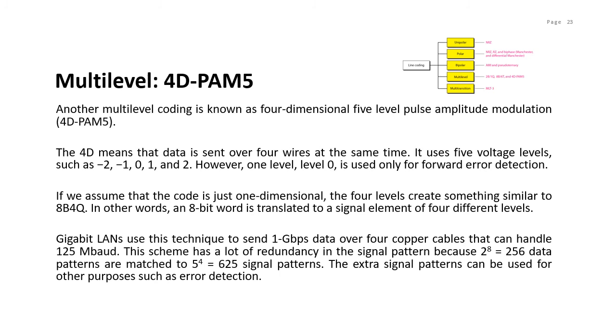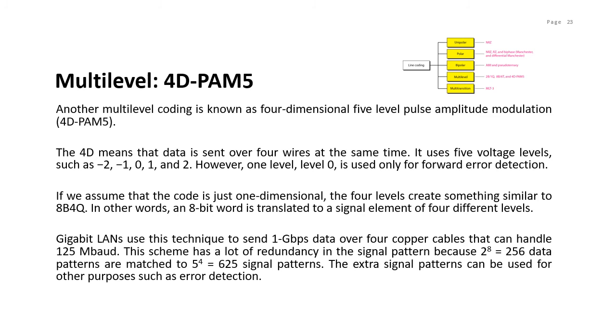You can see that this scheme has a lot of redundancy in the signal patterns, because 2 to the power of 8 equals 256 data patterns, and they can be matched to 5 to the power of 4, which equals 625 signal patterns, and the extra patterns can be used for other purposes such as error detection.